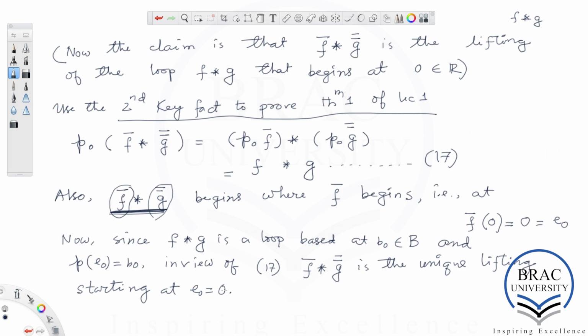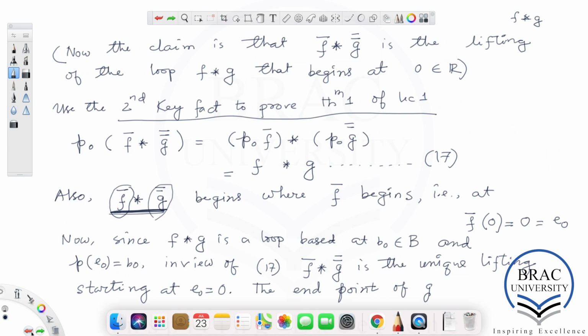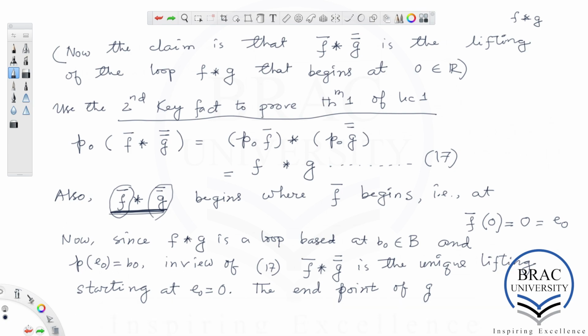So the endpoint of this lifting F bar star G double bar is the endpoint, as we have discussed earlier, of G double bar.